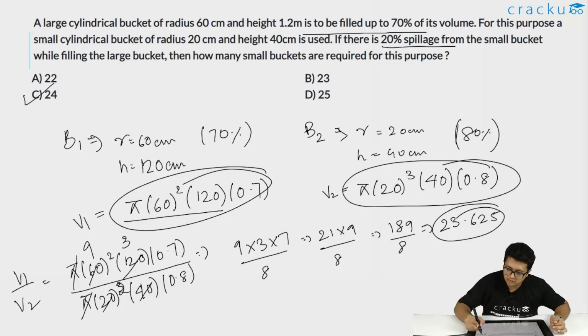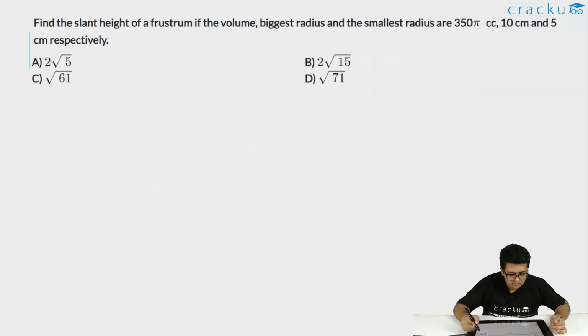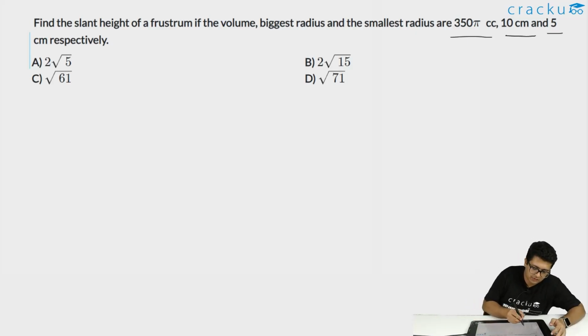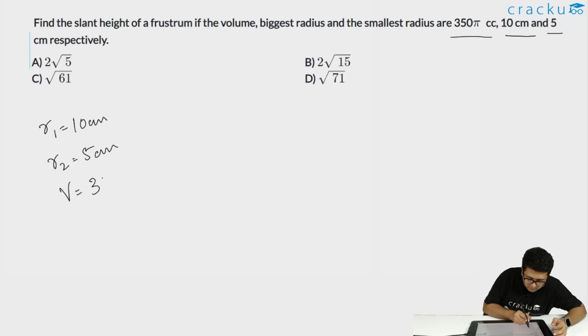Okay, the next question. Find the slant height of the frustum, given the volume. Biggest radius and smallest radius are 10 centimeters and 5 centimeters, and the volume is 350 pi. So we've been given the bigger radius as 10 centimeters, the smaller radius as 5 centimeters, right, and the volume as 350 pi.